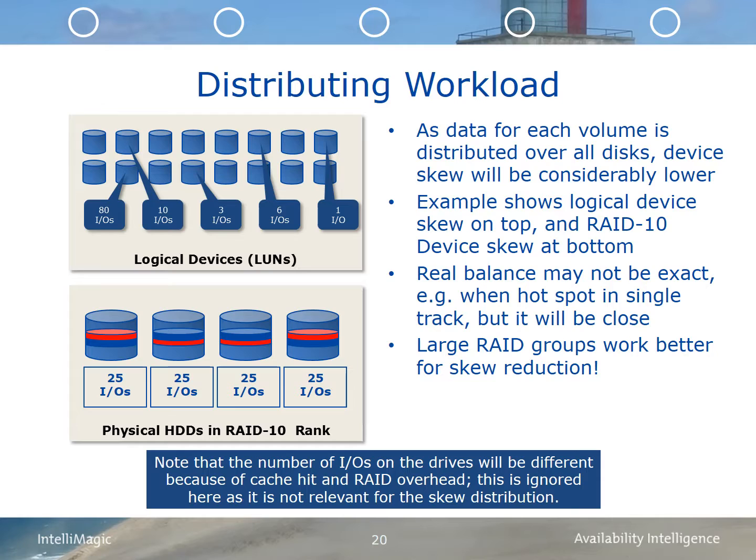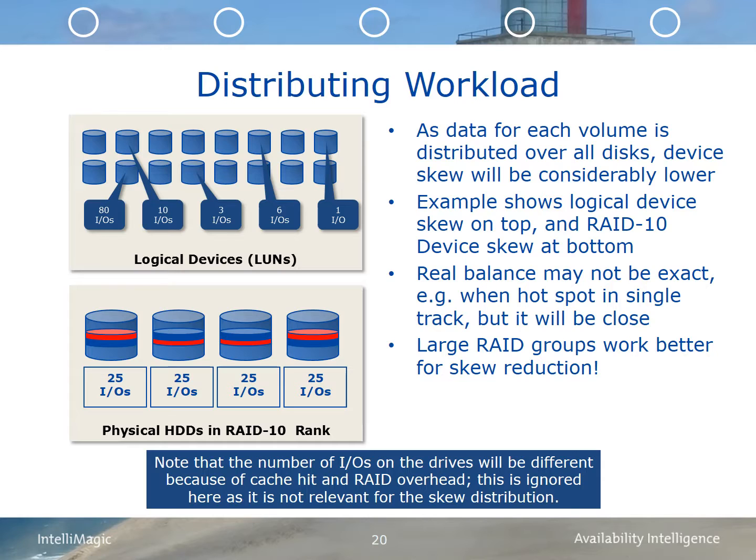So if you have a one-to-one relationship between a logical volume and a physical volume, unless those volumes are somehow managed volumes where you distribute the IOs evenly, you can get a lot of imbalance in the workload across the different volumes. And if you don't spread that workload evenly across the disks, then you can get into a situation where one disk is heavily utilized and the others are not.